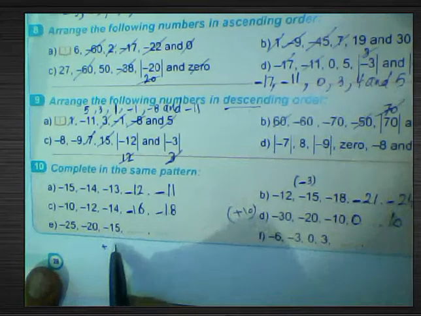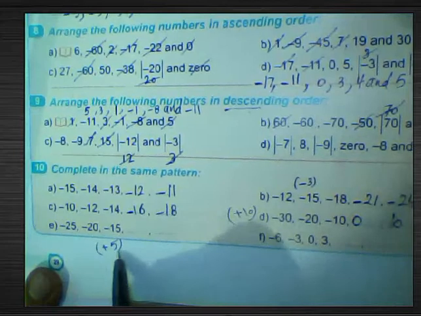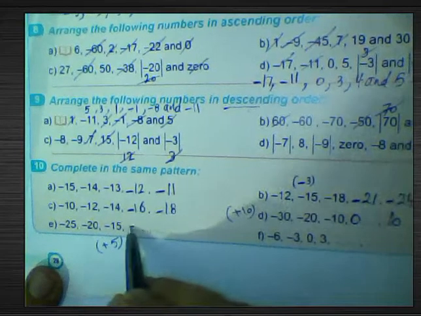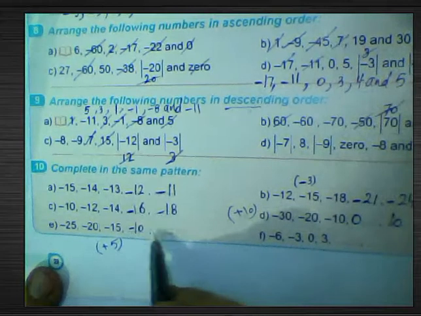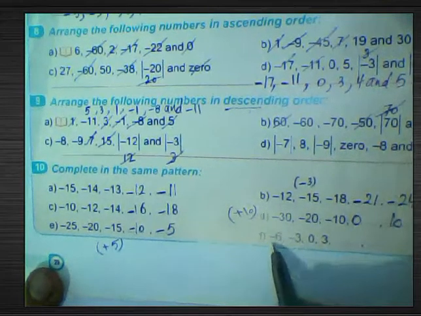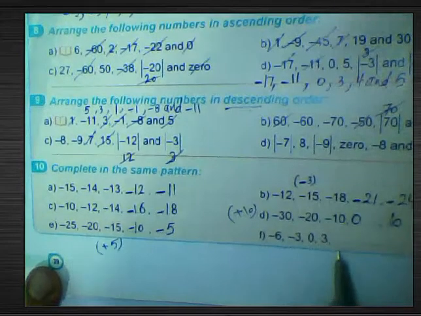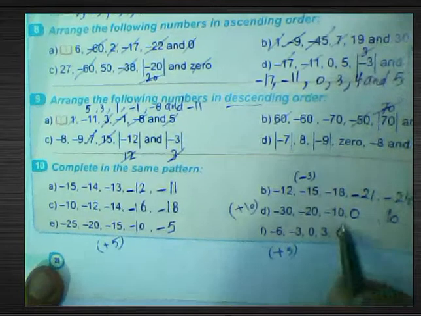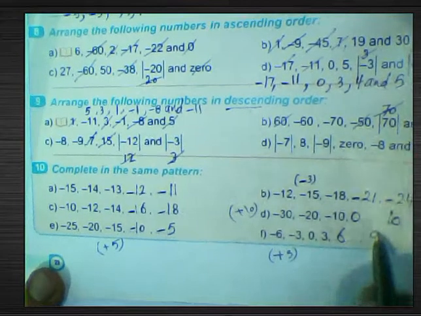The rule will be add 5. Okay, -15 plus 5 equals -10. -10 plus 5 equals -5. -6, -3, 0, 3. The rule will be add 3. 3 plus 3 equals 6. 6 plus 3 equals 9.